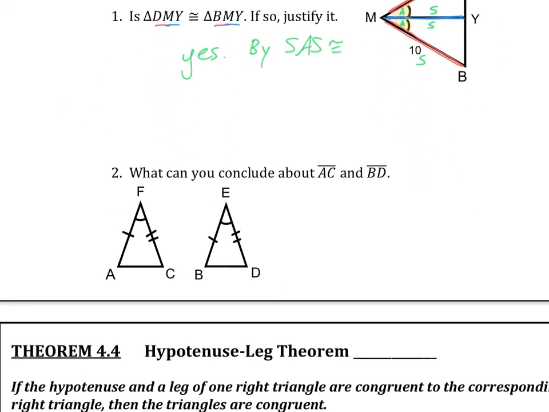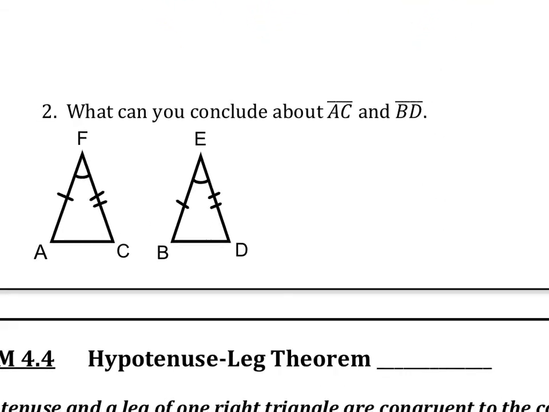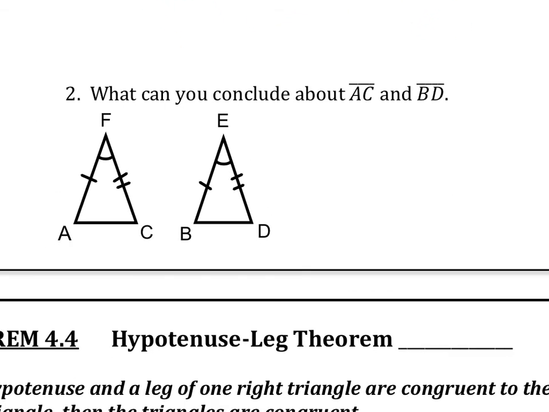All right, so number 2 says, what can you conclude about AC and segment BD? So we're looking at what we can conclude about these two segments. I'm actually going to talk through this one. If you look at the triangles, we have one side congruent.